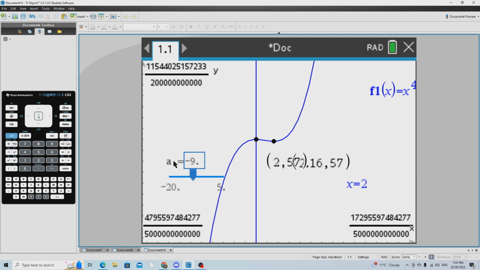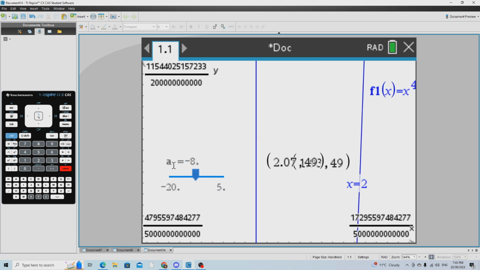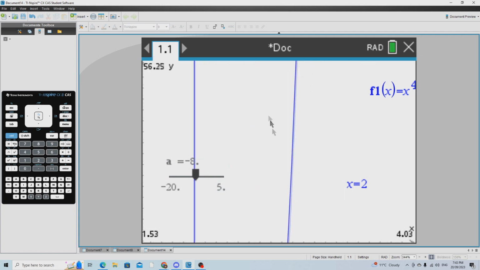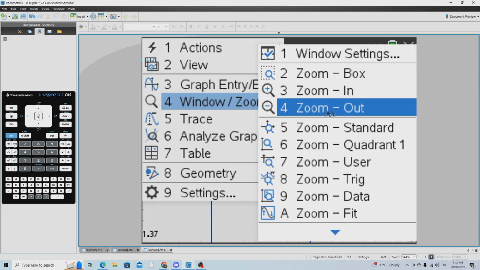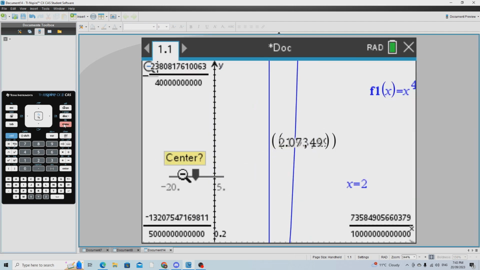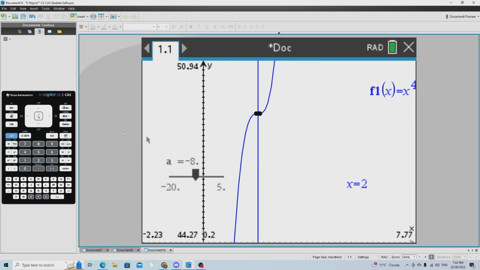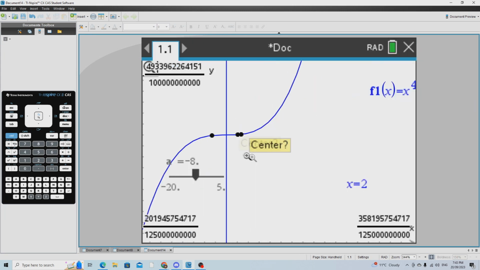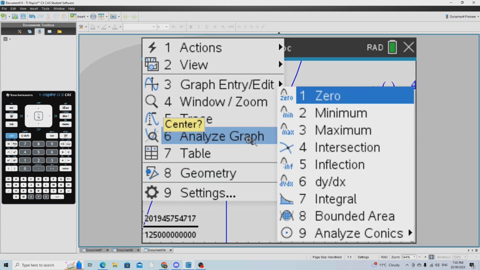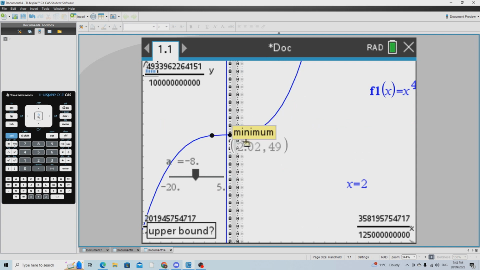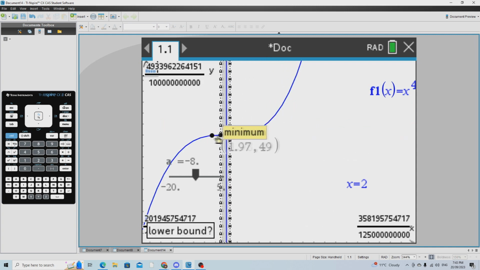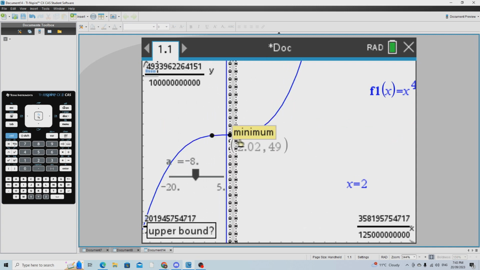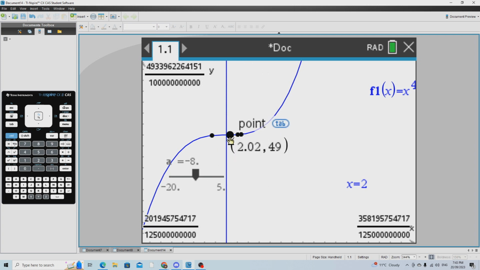Let's just double check D. It says -8 is included. Let's try to check that. Is that going up or down? Let's zoom out. It's going down. Let's see if there's a maximum and minimum here. There's a minimum here. So we can see that the minimum is changing, so it's not 100% right.